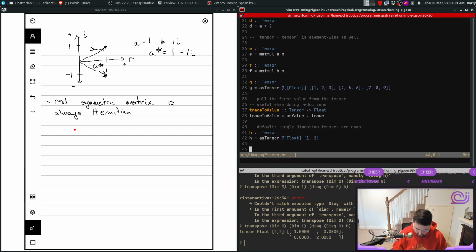So you could say a real number is something like 1 plus 0j. If I take the conjugate of the 0 here, nothing will change. So r star is just 1 plus 0j always. So any real symmetric matrix is Hermitian by default.